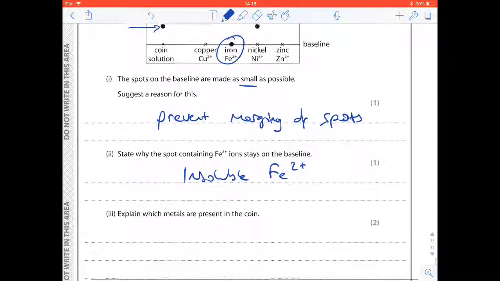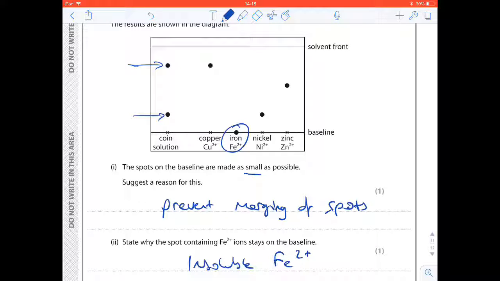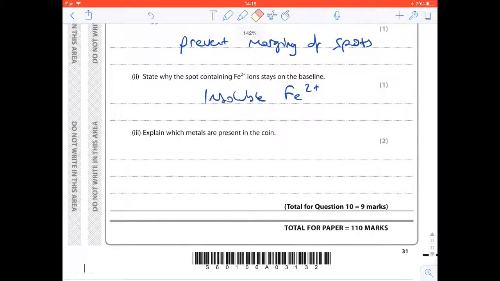Then the whole point of the experiment really is to show what do these 2 spots here represent, if we just call them A and B. Spot B, if we look at the top one first, must be caused by copper ions because the copper ions travel the same distance as that part of the coin solution represented by B. The part of the coin solution represented by A matches up with the nickel 2+ ion, so the original coin must contain nickel and copper. And that's it.